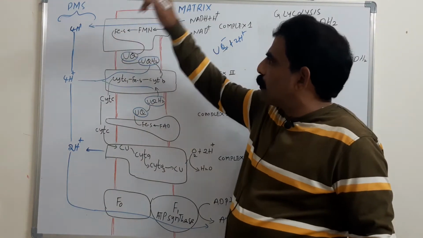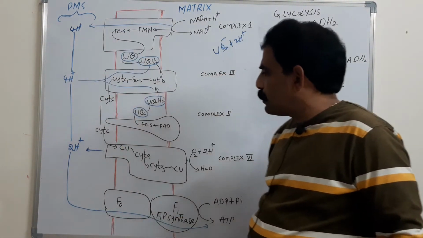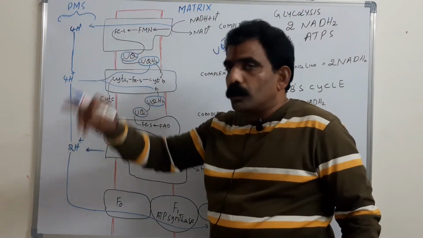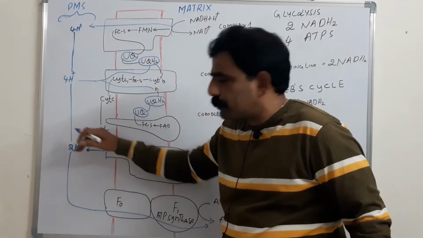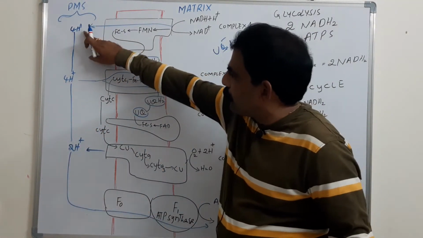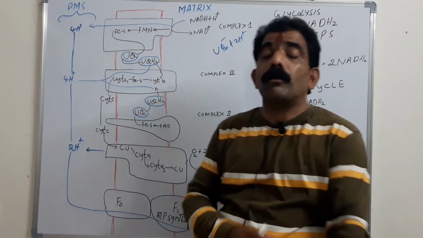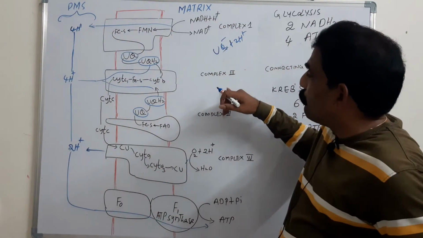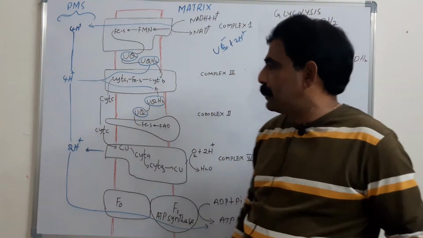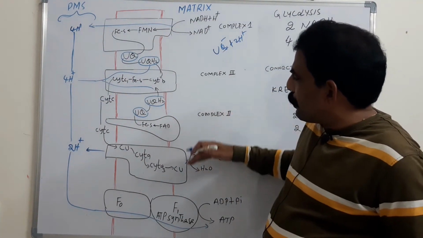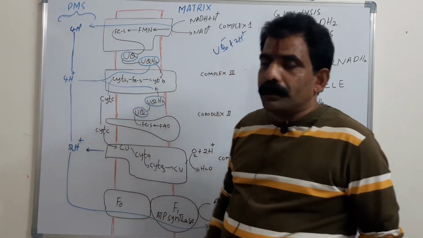At complex 1, 4 protons are pumped out. At complex 3, 4 protons are pumped out. At complex 4, sorry, 2 protons are pumped out. Together 4 plus 4 plus 2, 10 protons are pumped out from the mitochondrial matrix into the perimitochondrial space. So this is the mitochondrial matrix, and this is the perimitochondrial space.